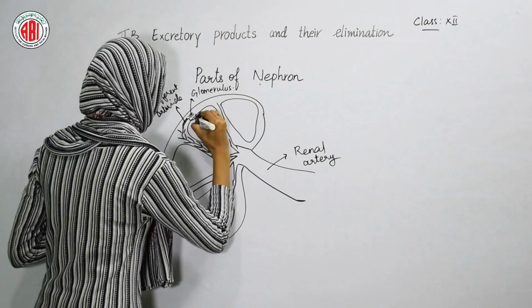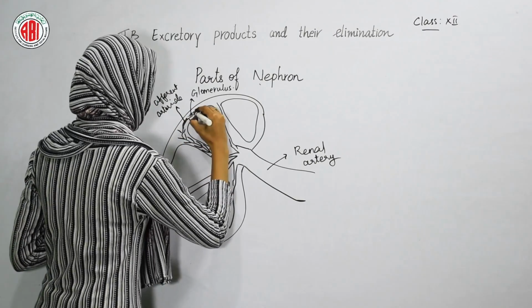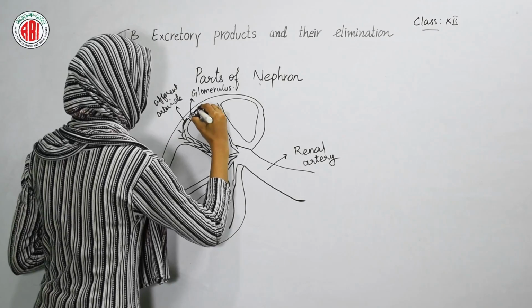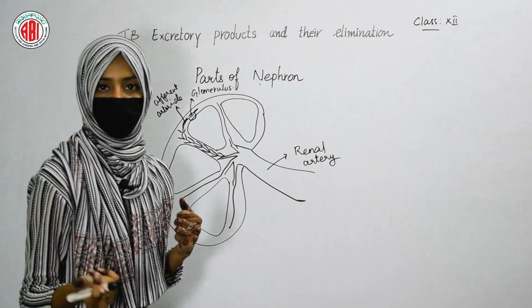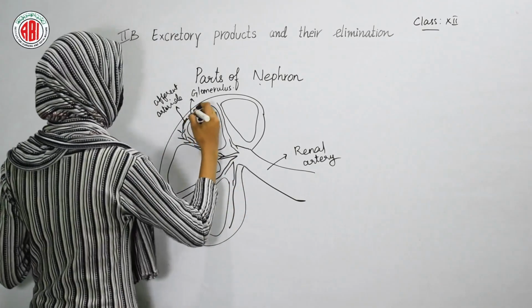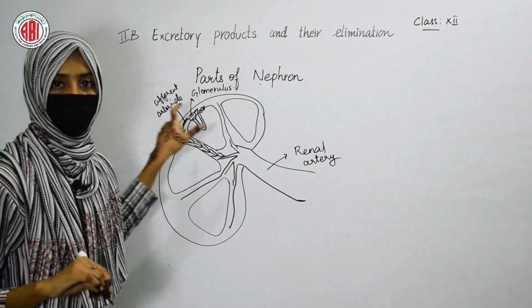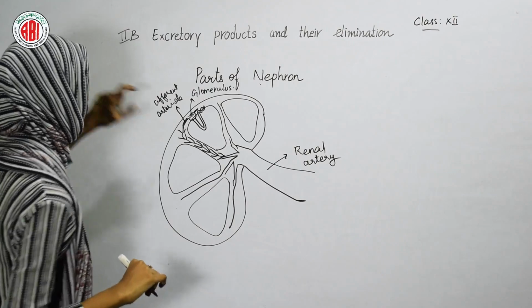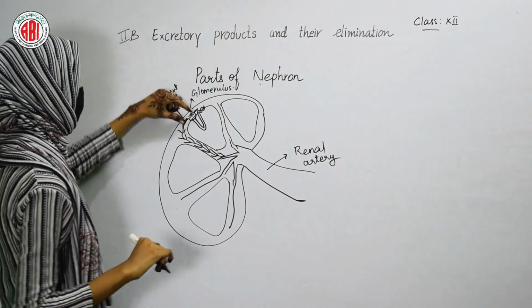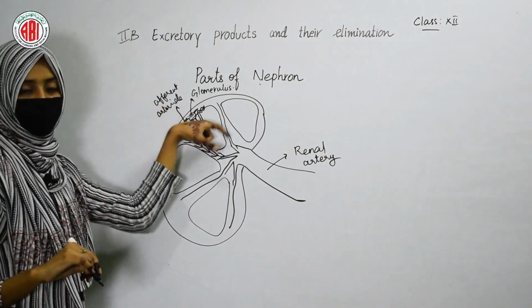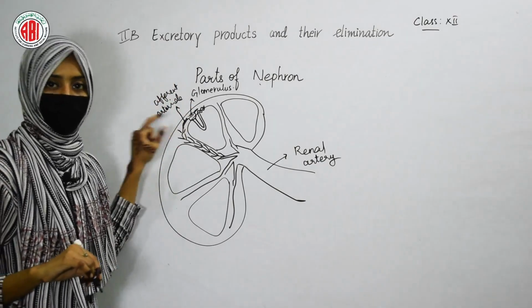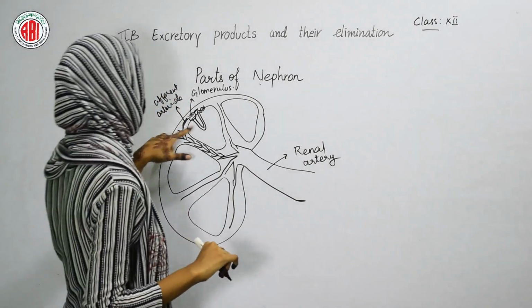Here Bowman's capsule is present like this, and this glomerulus opens into an artery which is called the efferent arteriole. This is how the nephron is present in the medullary part of our kidneys. Some part of a nephron is found in the cortex region and the other part of a nephron is found in the medullary region of a kidney.